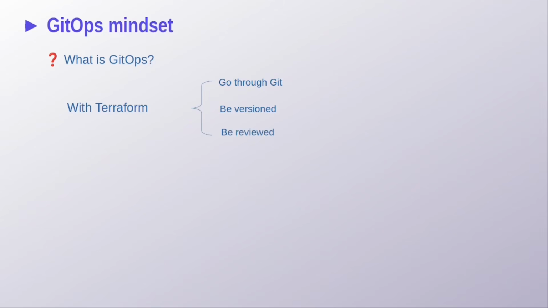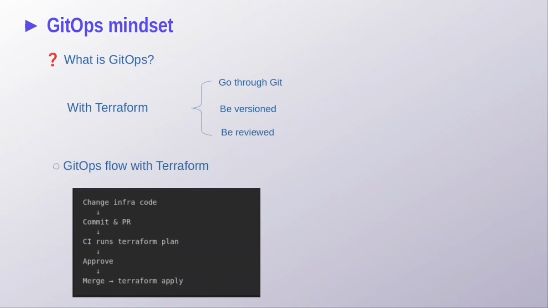Every change must go through Git, be reviewed, and be versioned. GitOps flow with Terraform. The AWS console is for viewing, not modifying.